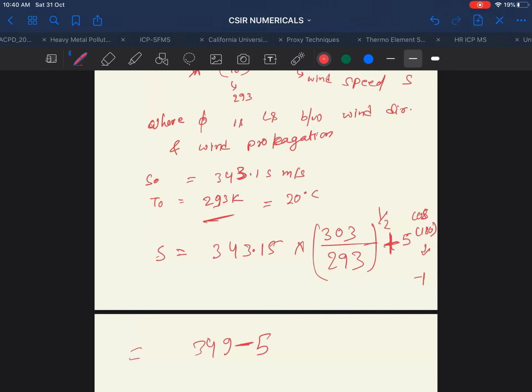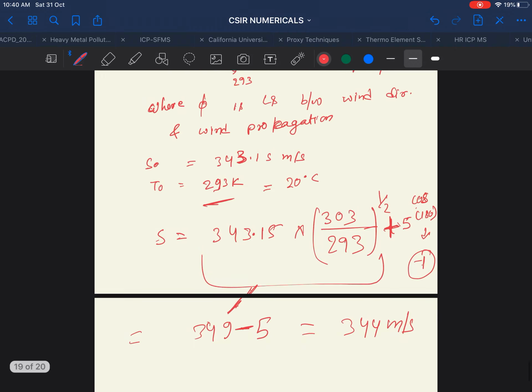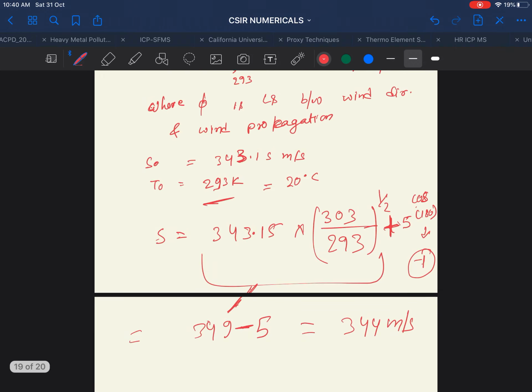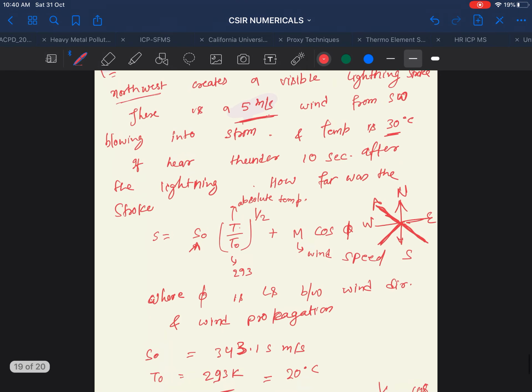That's why when you solve this much you will get 349. And this 5 cos 180 degree value becomes -5, -1 into 5 is -5. When you solve this it becomes 344 meter per second. So this is the S.